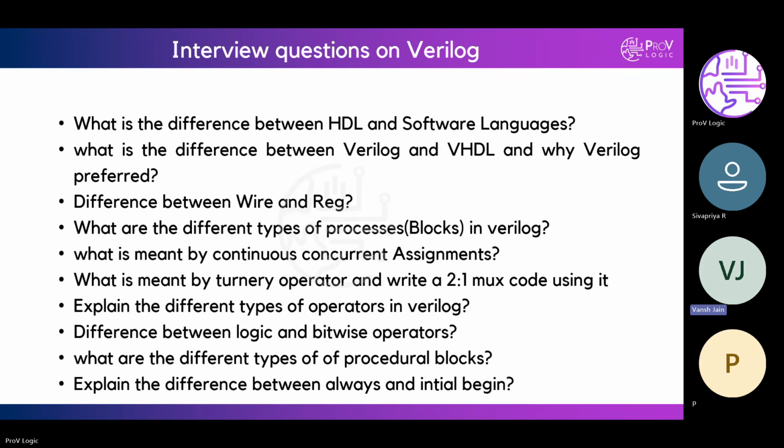The always block can be used in both testbench and design, which means it is synthesizable. The initial block is not synthesizable and can only be used in a testbench. That's true. The always block works as a loop, continuously up to the end of the simulation, whereas initial begin runs only one time.